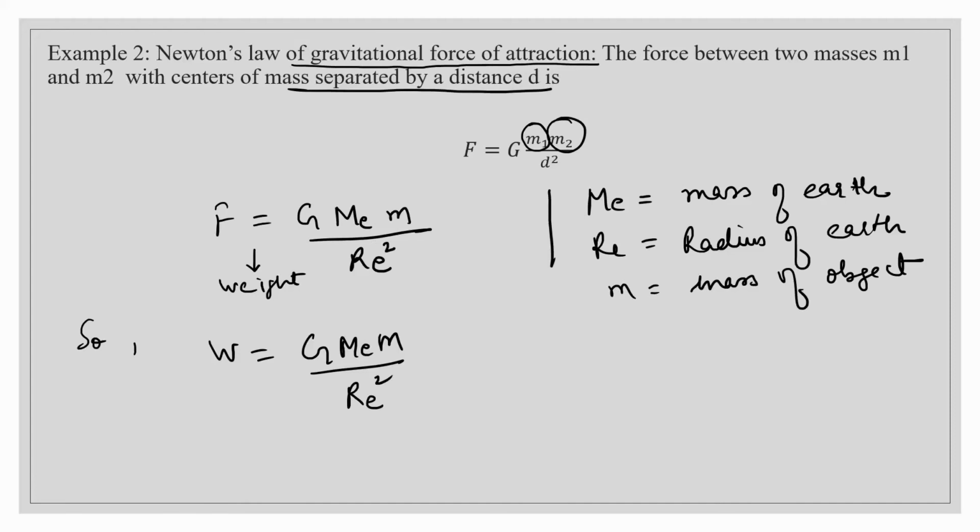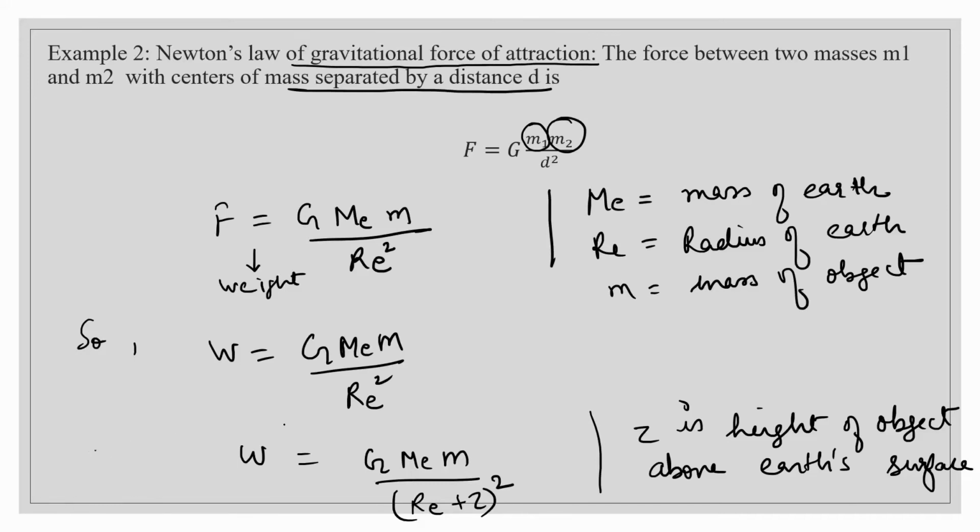Now suppose that the object is kept at z distance or z height from the earth's surface. So what will be the force? I will write down the weight of the body will be G M_E M upon (R_E plus z) square, where z is the height above the earth's surface.